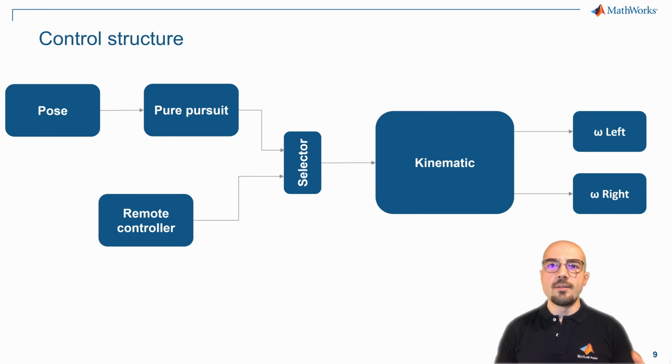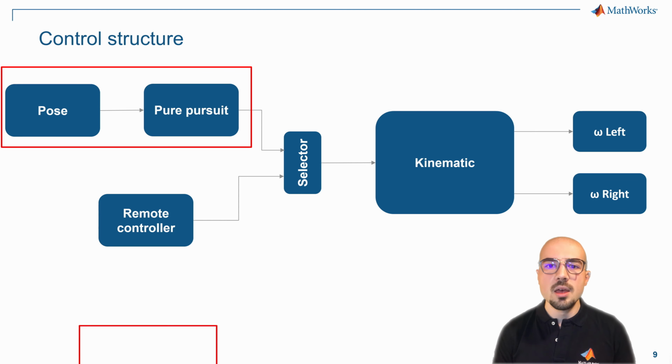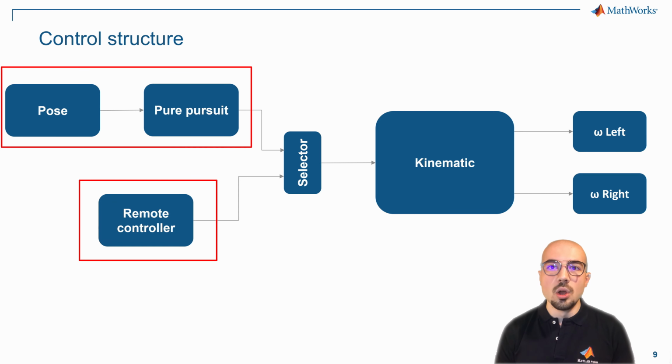Okay, we have firstly the part relative to the automatic control, the pursuit that we just discussed about. Then we have the possibility to use the remote controller, a controller that will drive the robot, and us, let's say the human, will decide which trajectory it has to follow.